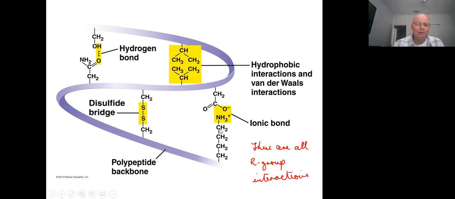If we really want to lock that in, then we would talk about the disulfide bridge. And you remember that we talked about disulfide bridges in the last presentation with respect to getting a hair permanent or a perm, that the breaking and forming of disulfide bridges in the keratin protein that makes up hair allows you to change its shape. And here is where the disulfide bridge becomes relevant.